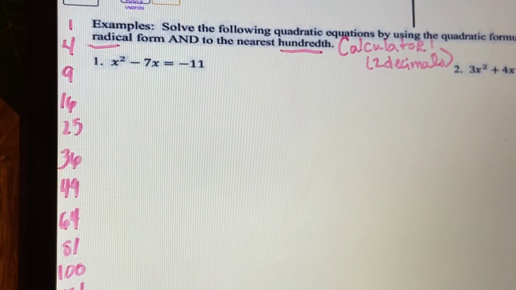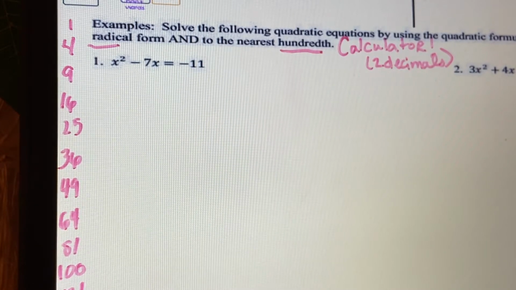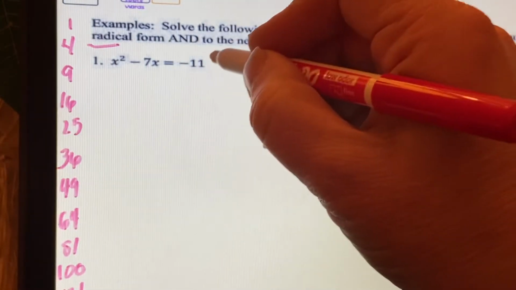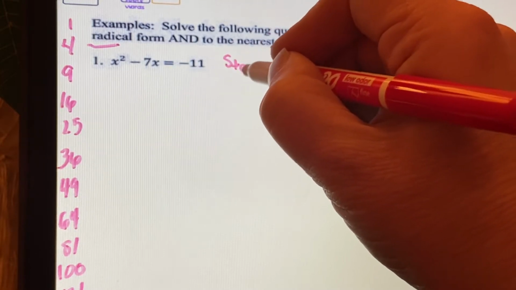So, first off, to use the quadratic formula, if you remember back on the top of the page, we had 3 pieces of criteria we had to meet. Set equal to 0. Is this one set equal to 0? No. So this is not in standard form.